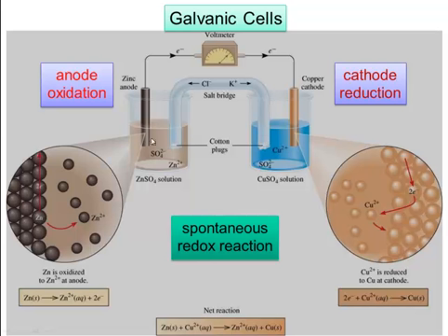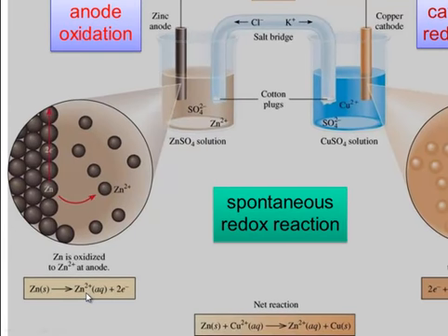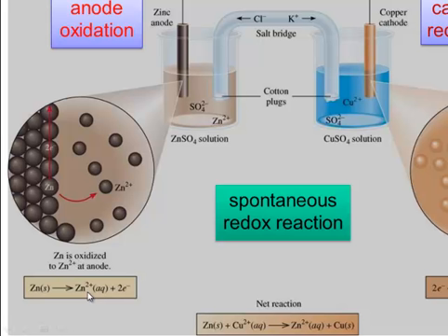At this zinc electrode, the zinc atoms on the rod get converted into zinc ions, and these zinc ions pass off into the solution, and the two electrons which are released are left behind on the rod itself. As a consequence, the zinc rod will get a negative charge.